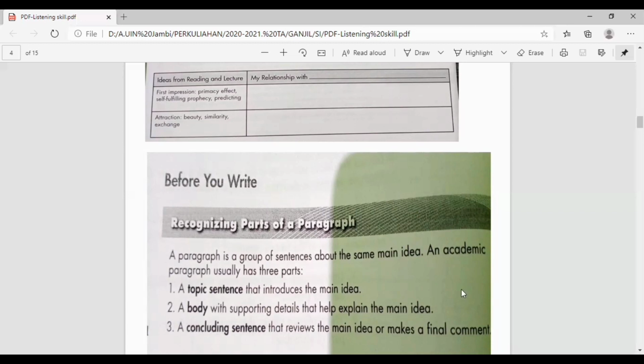The first is the topic sentence that introduces the main idea. The second is a body with supporting details that help explain the main idea. And the third is a concluding sentence that reviews the main idea or makes a final comment.